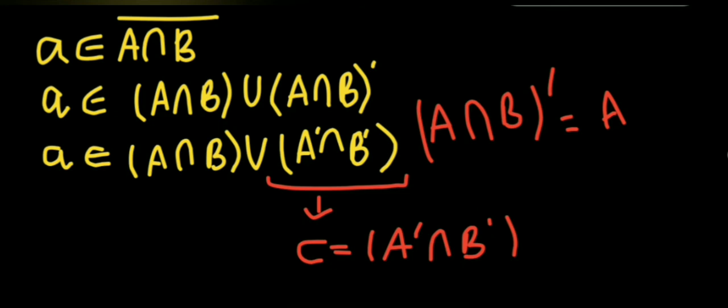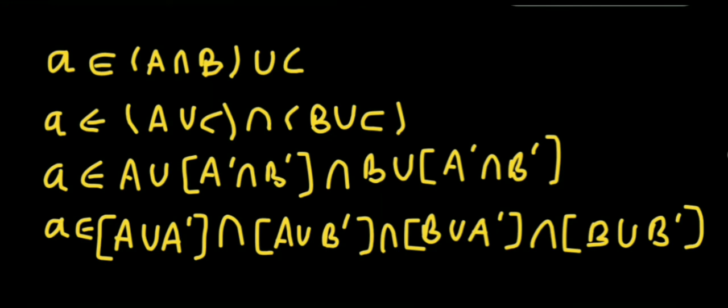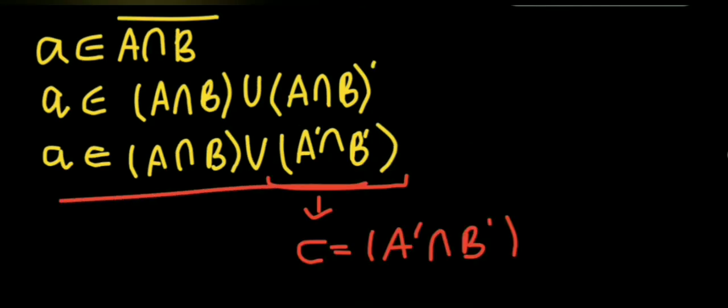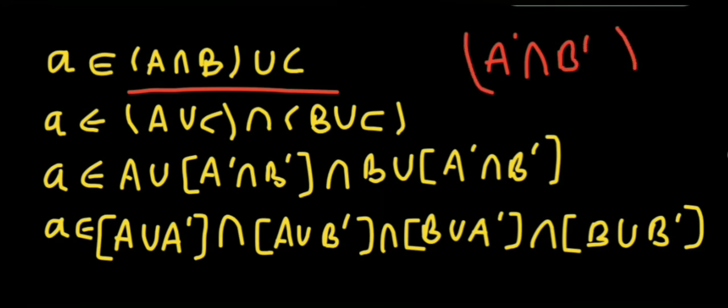So by this result, we can follow the next step as a belongs to A intersection B union A prime intersection B prime. Now let us suppose this A prime intersection B prime is a set C. Then we can write this step as a belongs to A intersection B union C, where C is A prime intersection B prime.